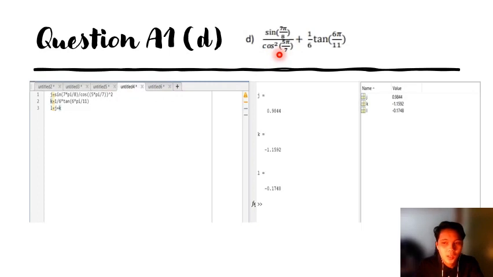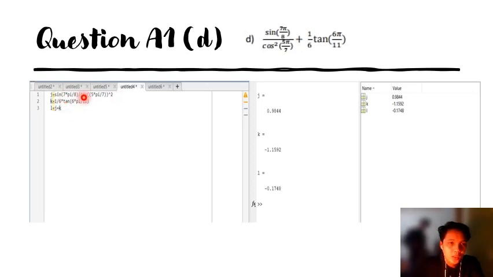We cannot write the power right after we declare the cos function. So we need to put in brackets the value that we have written, 5 pi over 7, and then we need to assign the power of 2.